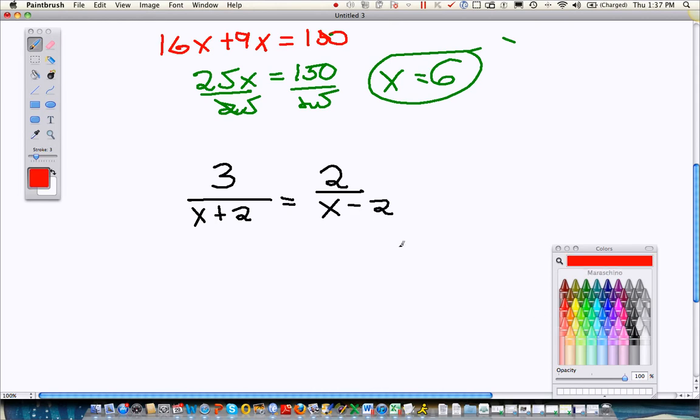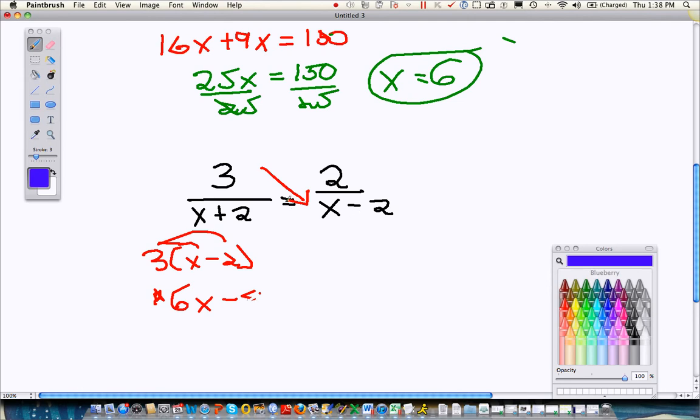Now, in order to solve these proportions, we do want to cross multiply, or multiply across. So when I multiply across this way, I'm going to get 3 times x minus 2, or 6x minus 6, if you do your sharing or distributing.